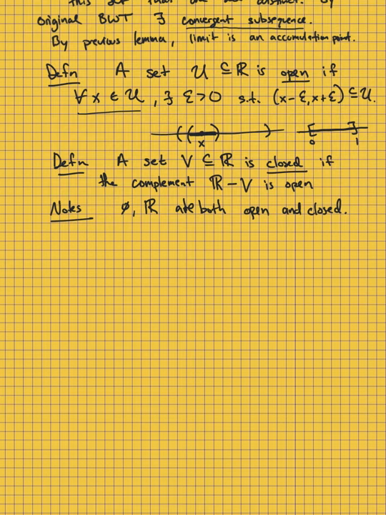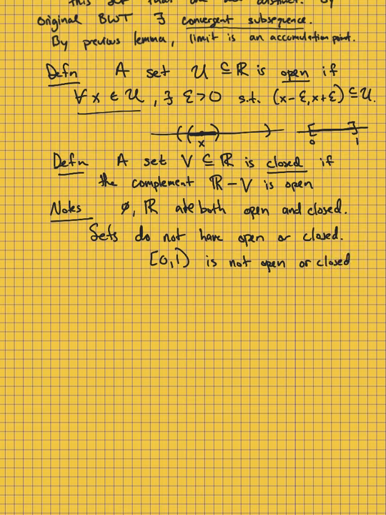You can also have sets that do not have to be open or closed. So for example, the half-open interval (0, 1], you can check is not open, but neither is its complement.